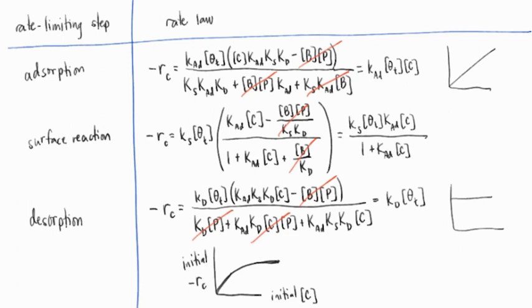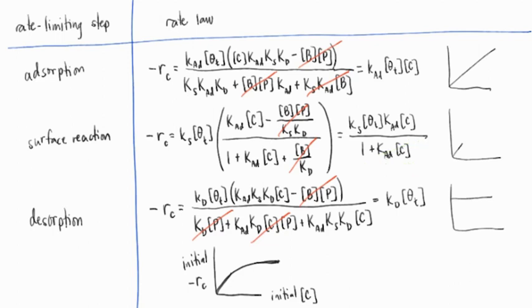For our second equation, let us consider both cases of high and low cumene concentrations. If the concentration of cumene is low, that means that 1 is much greater than K adsorption times the concentration of cumene. Therefore, this second term in the denominator is practically 0. Therefore, at low concentrations, we have a linear relationship.